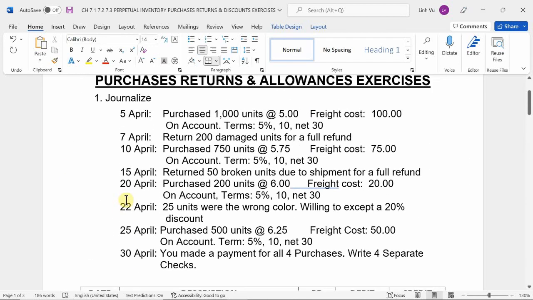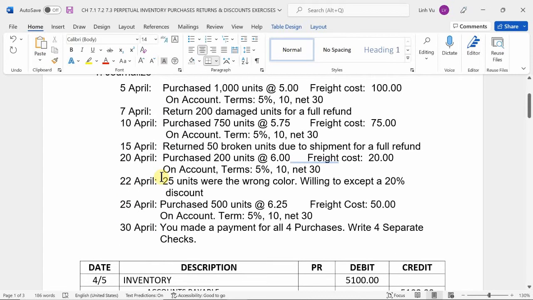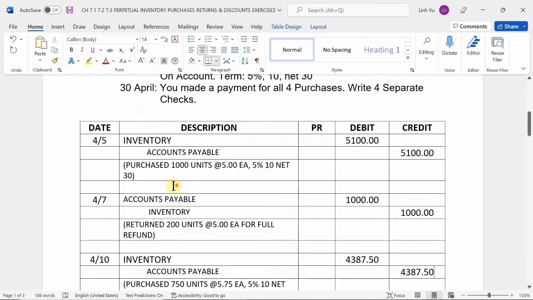So then, right, April 15 rolls around and you end up returning 50 of those broken units due to shipment for a full refund. So in this case, we're going to get another full refund on the 15th of April for 50 broken units.